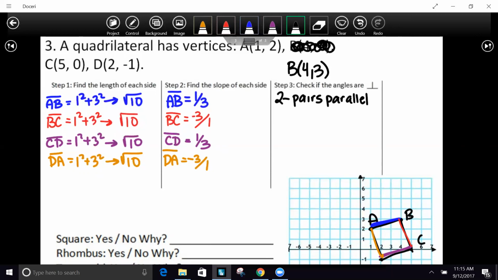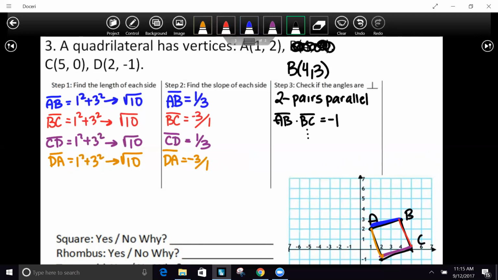Now, do we have 4 right angles? How do we know that? All the slopes equal -1 when we multiply them out, and I'll just show the first one here, AB times BC is going to get you -1. Okay? I'm just going to put dot, dot, dot.